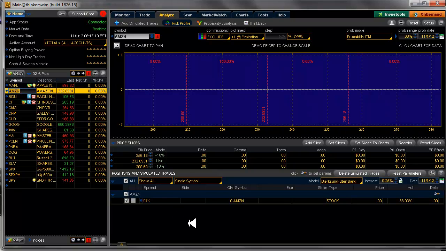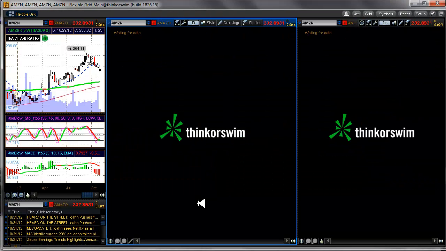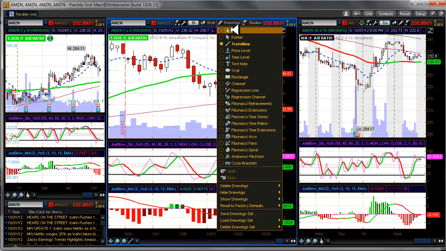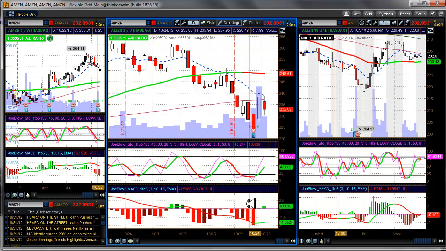Let's take a look at Amazon. Now this is interesting. We have a downtrend. We have what could be called a bull flag here when we're in a downtrend, because we got a higher high in a downtrend here. So we just keep an eye on this, and this is what I do a lot of times just to draw my eyes to it.